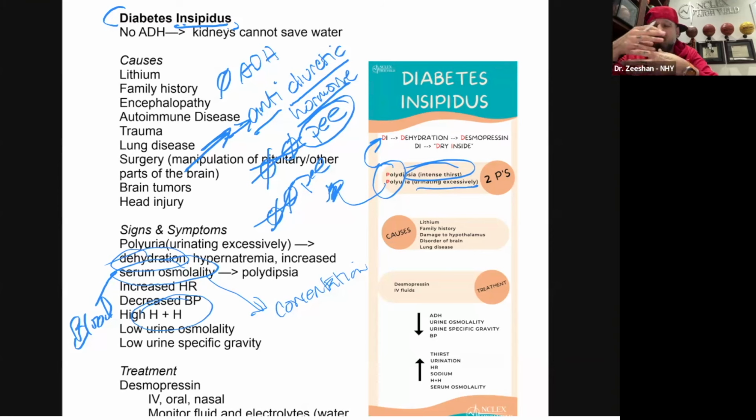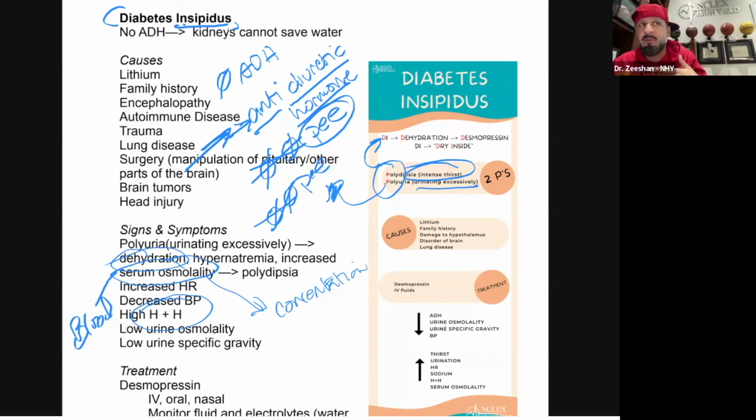I don't have the water to dilute it. My red blood cells are going to look elevated compared to if I had fluid to dilute it. So again, looking at the serum, we're able to determine the osmolality, the concentration being elevated. We look at the H&H, the hemoglobin and hematocrit. We look at the red blood cells. We're like, whoa, all right, cool.